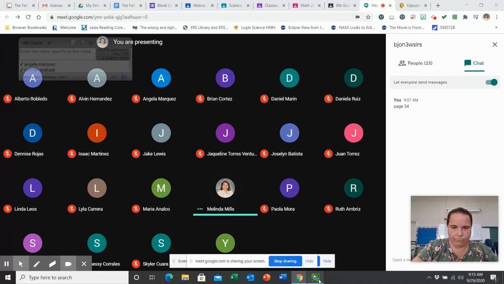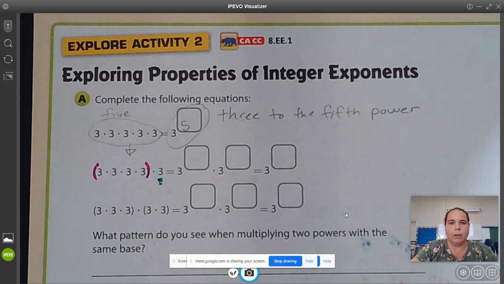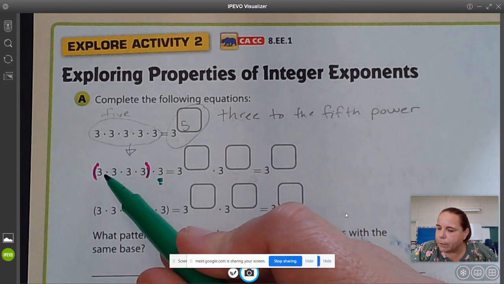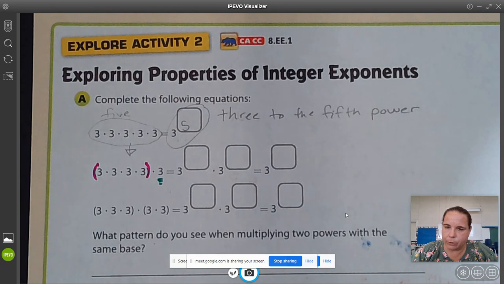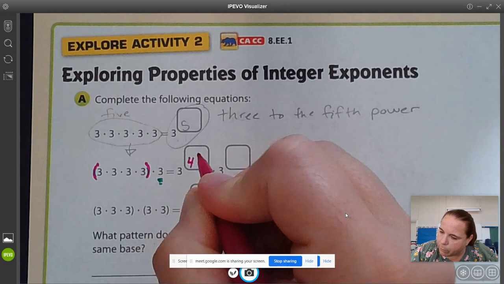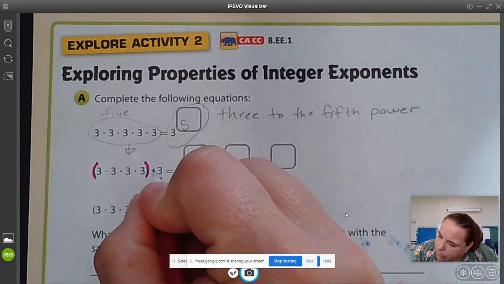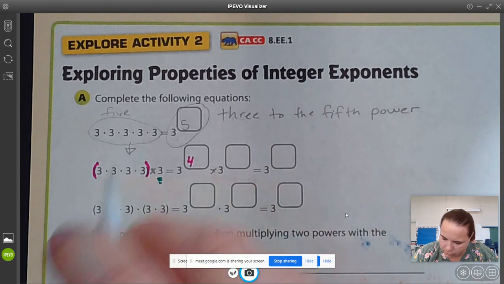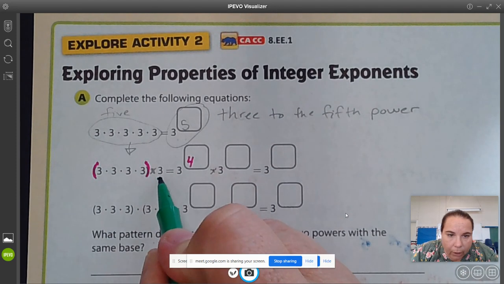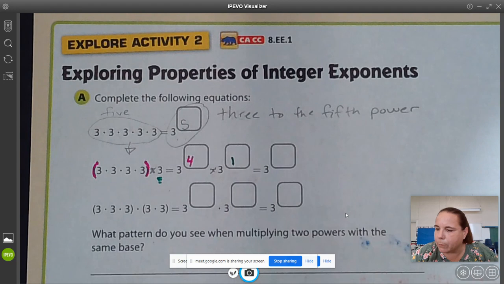There are 1, 2, 3, 4 3s multiplied together, so this is 3 to the 4th power times this 1 3 all by itself, so 3 to the 1st power.